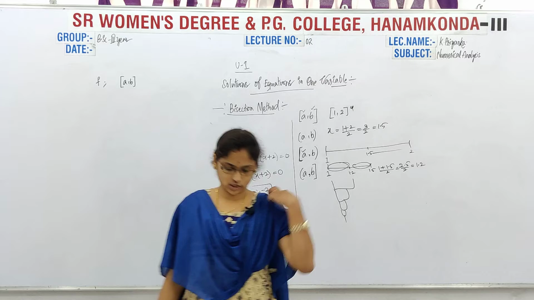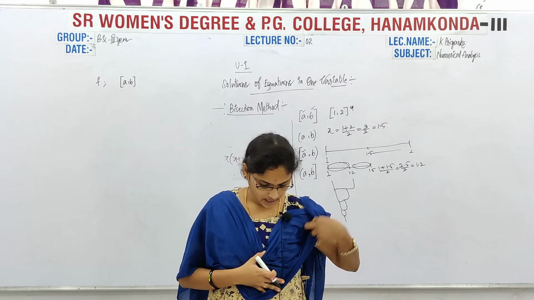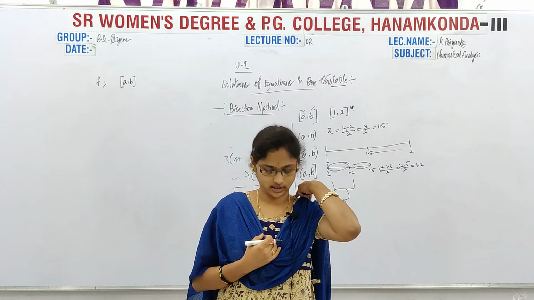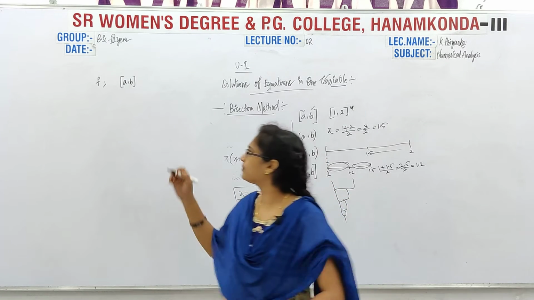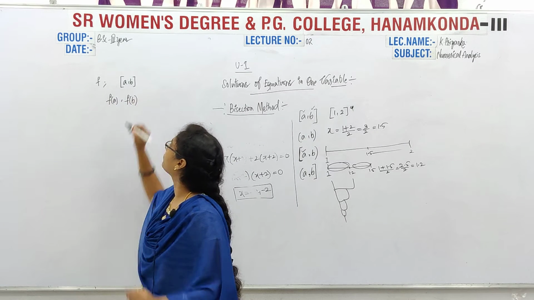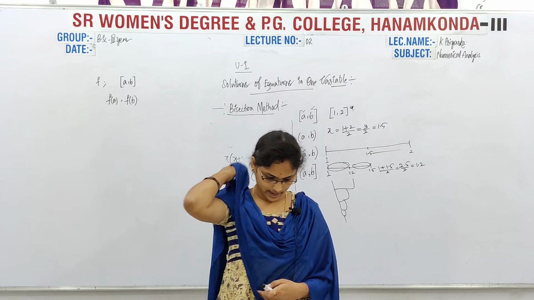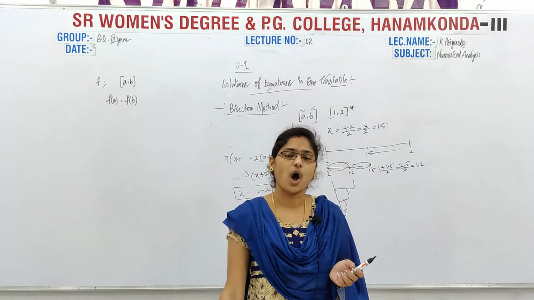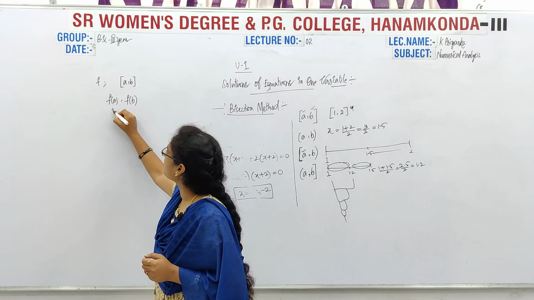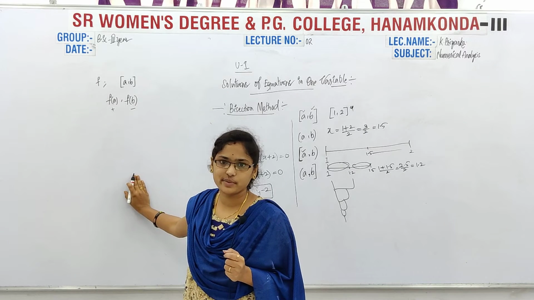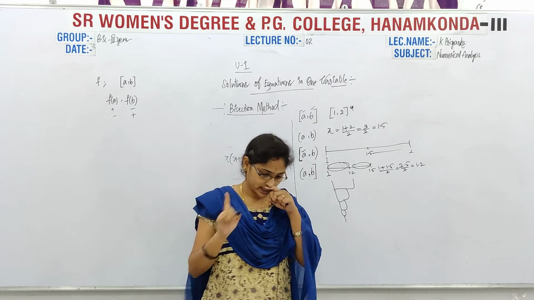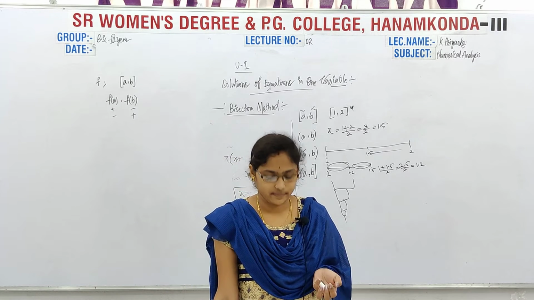F is a continuous function which is defined on a closed interval a comma b, with f of a, f of b of opposite sign. The meaning of that is if it is plus, definitely we have to get f of b as a minus. If it is minus, then definitely we have to get plus. Try to understand clearly.